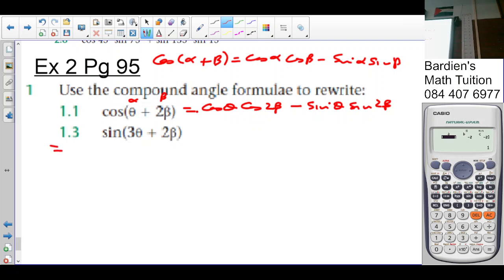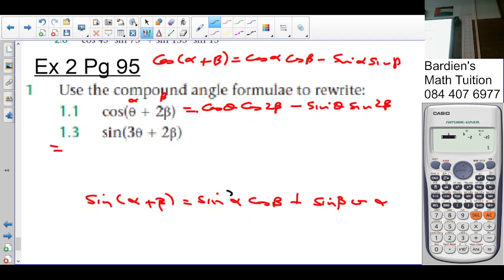Just look at the second one. Sine of 3 theta plus 2 beta is the same as saying sine(alpha plus beta), which is sine alpha cos beta plus sine beta cos alpha, or cos alpha sine beta is the same. So in alpha's place we've got 3 theta, 2 beta.